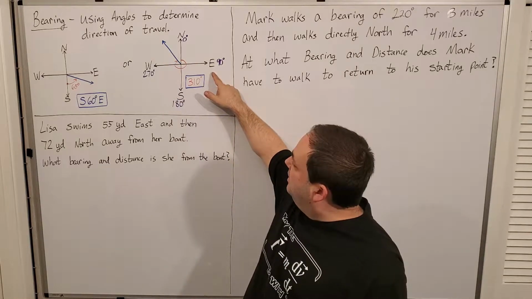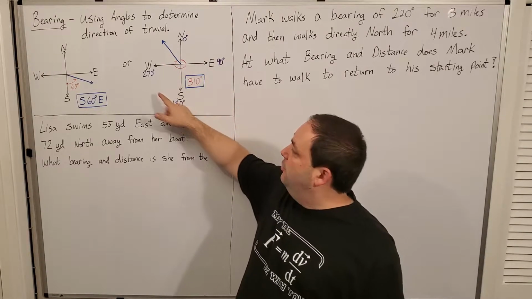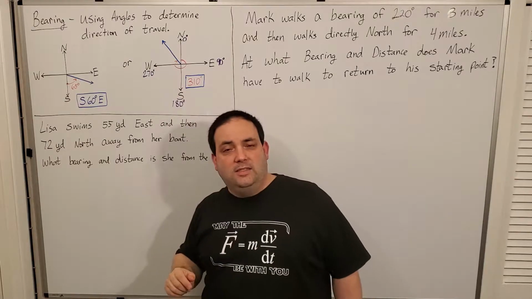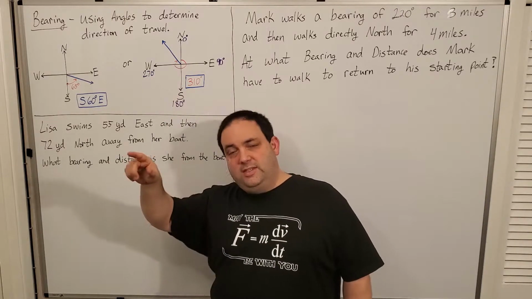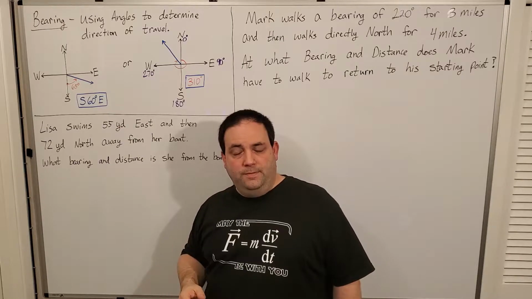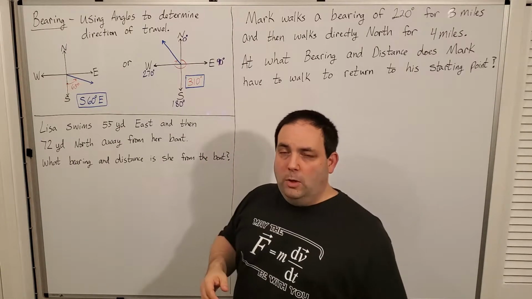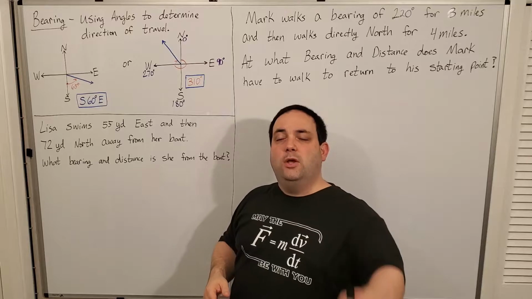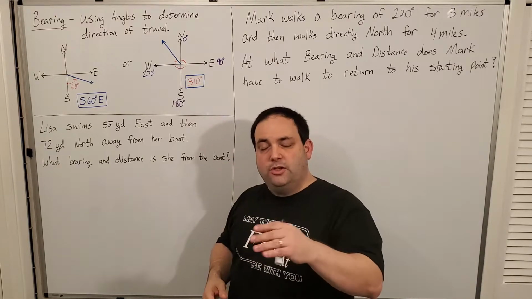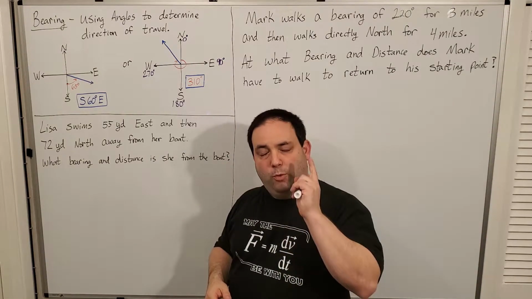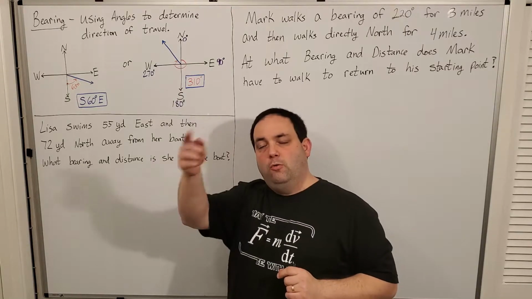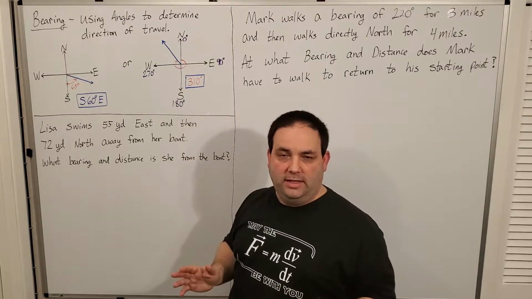So east is 90 degrees, south is 180 degrees, west is 270 degrees, and then 360 is back at north again. And we typically only rotate in the positive direction because we only need each direction represented one time. We only need one cycle. We don't need to keep going around or go around the opposite way or anything like that.